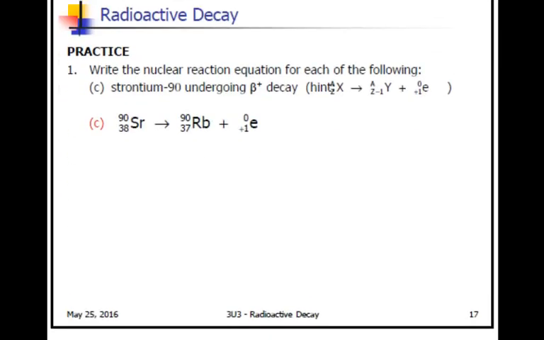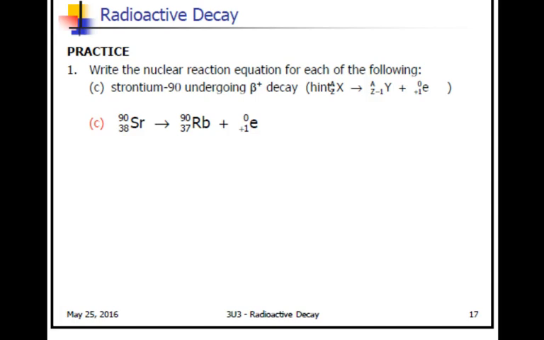Here we're asked to look at beta positive decay. This is when we give off a positron as our beta particle. And for strontium, 90 is given to us as our mass for this strontium isotope. We can look at the periodic table to see that strontium has a number of 38.